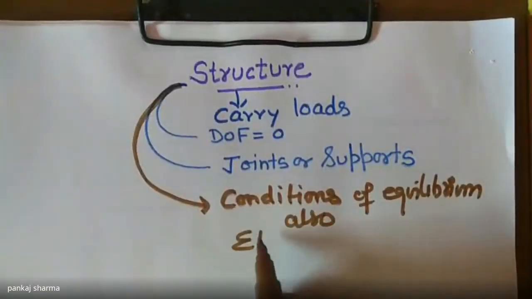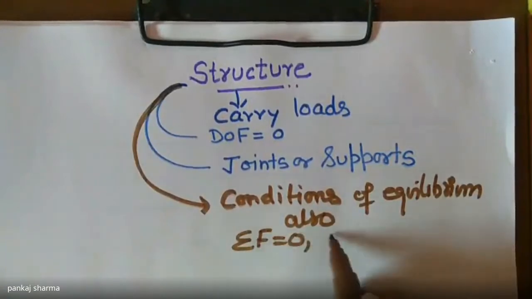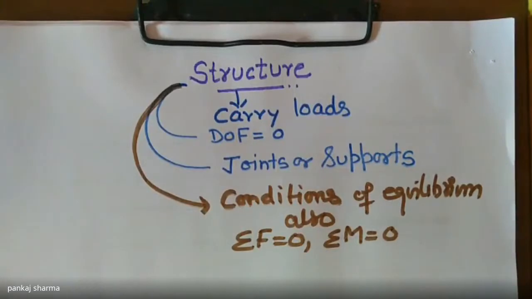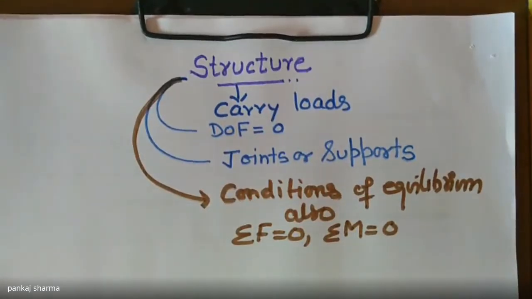Sigma F is equal to 0 and sigma M is equal to 0. So we can find the values of unknowns using these equations. Some combinations of supports make the structure statically indeterminate.